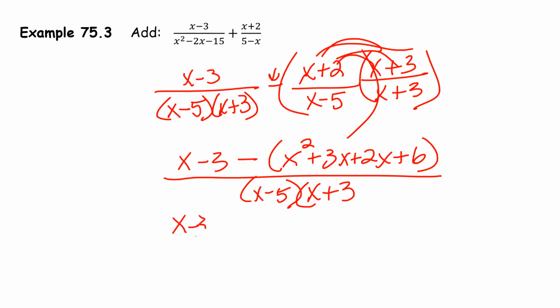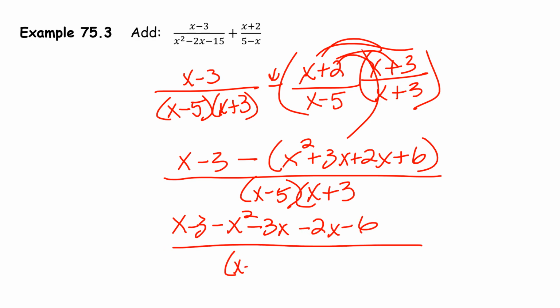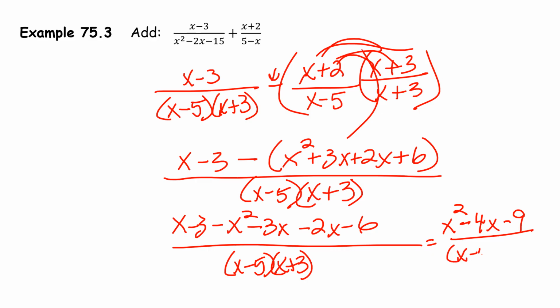So x minus 3 minus x squared minus 3x minus 2x minus 6 all over x minus 5 times x plus 3. And once I add all that up, I'm going to have x squared minus 4x minus 9 all over x minus 5 times x plus 3.